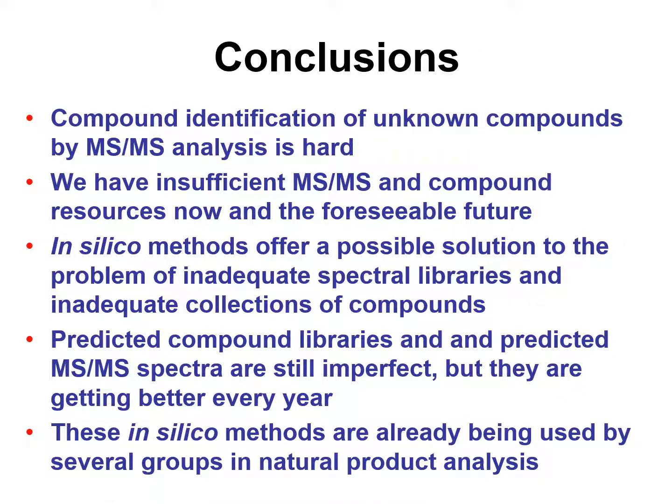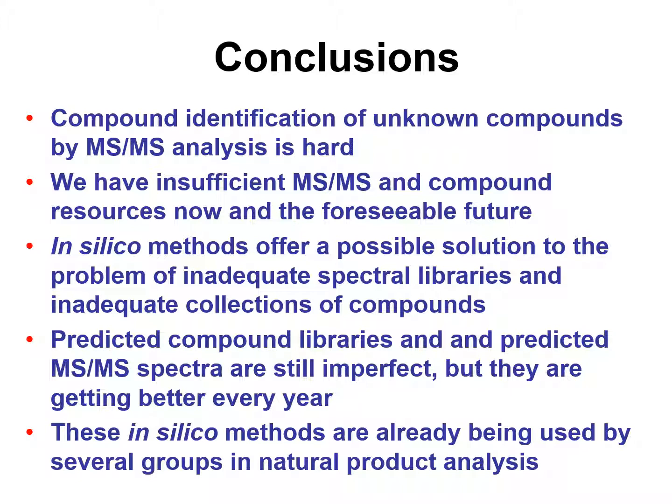So to wrap up, I wanted to emphasize that compound identification is hard, especially with unknowns, and doing it only by MS is even harder. I think I've tried to highlight that we do not have sufficiently large tandem MS spectral libraries or compound resources to do unknown identification, and that unless we have a change in thinking, we will never have sufficient resources to do absolute experimental identification.